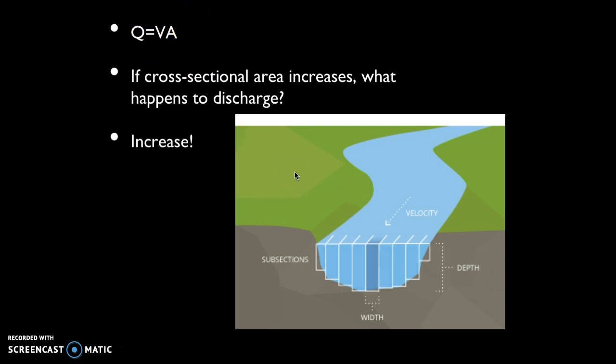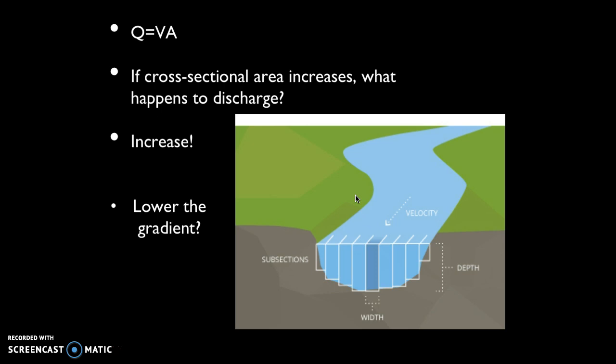Okay? Now let's look at another scenario. So now we have the same cross-sectional area in the two different scenarios of our case, but now what we're doing is that we are lowering the gradient. So now we go from, say, the 100 feet per mile to only 50 feet per mile, for example.